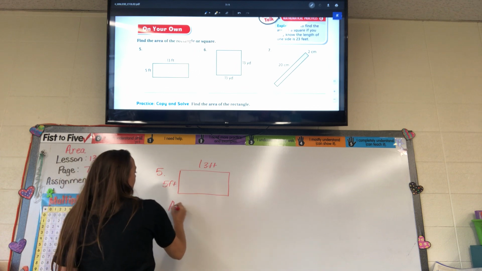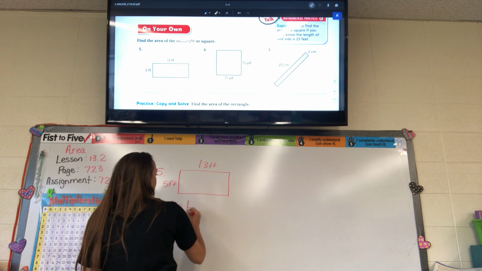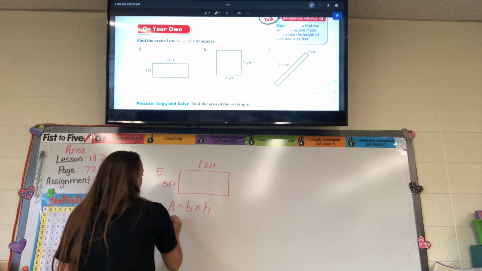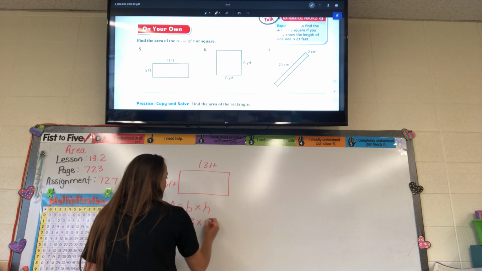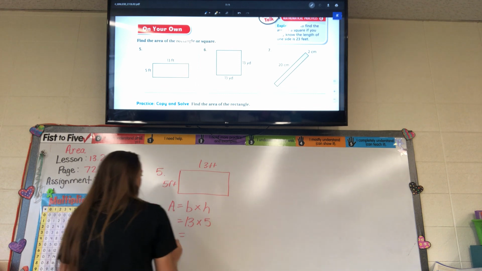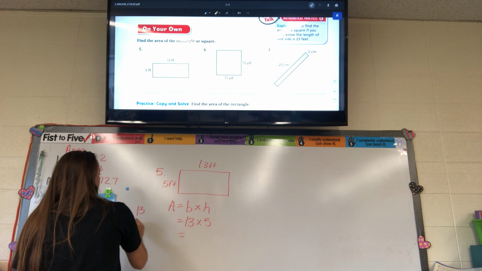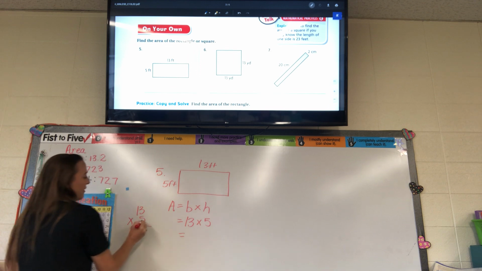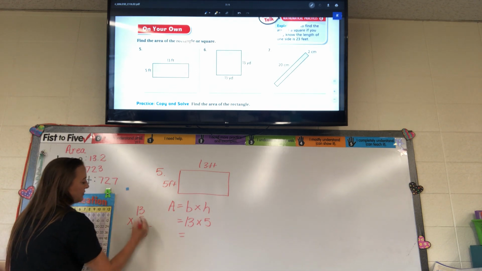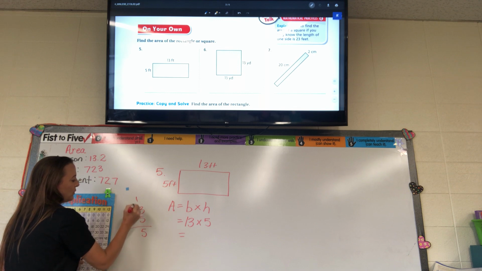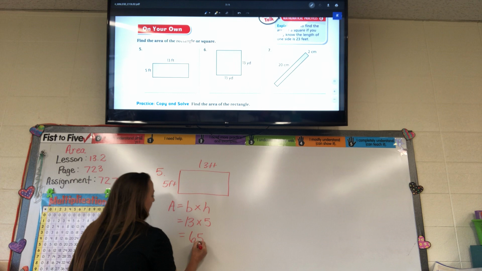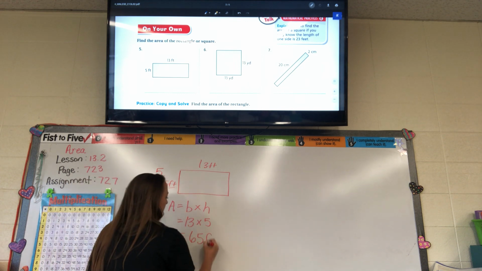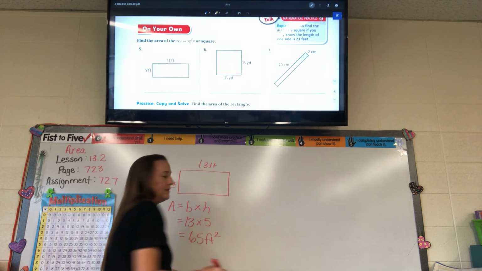So the area equals base times the height, and that equals 13 times 5. Over here I'm going to do 13 times 5. 5 times 3 is 15. Put down the 5, carry the 1. 5 times 1 is 5, plus 1 is 6. So 65, and we're dealing with feet squared. Did you get it?